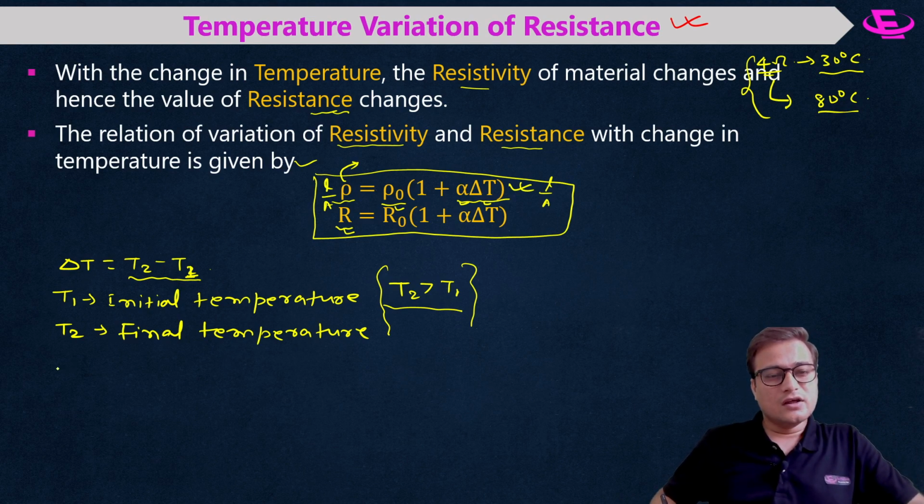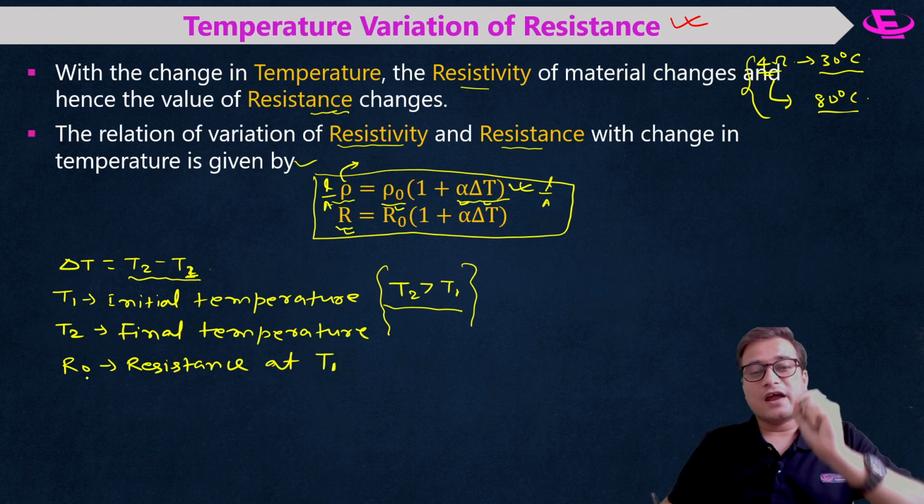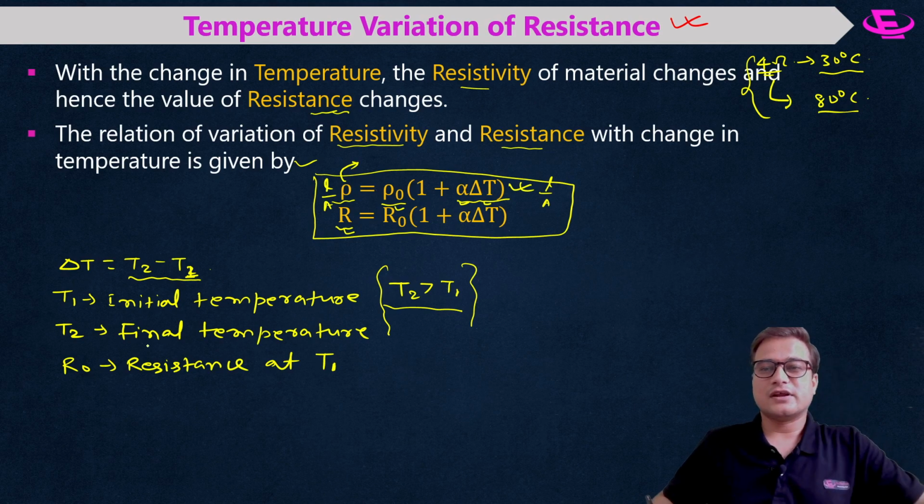What is R naught? R naught is the resistance at temperature T1, that means the value of resistance at the initial temperature. What is R? R is the resistance at T2 temperature.